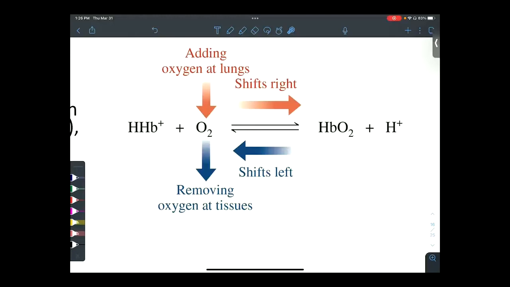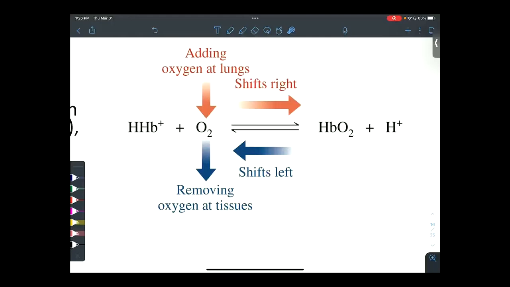If there's low oxygen concentration, it goes that way. So what happens is when your hemoglobin travels to parts of your tissue that have low oxygen concentration, Le Chatelier's principle says, hey, rip off that oxygen molecule because we're pushing the reaction this way.